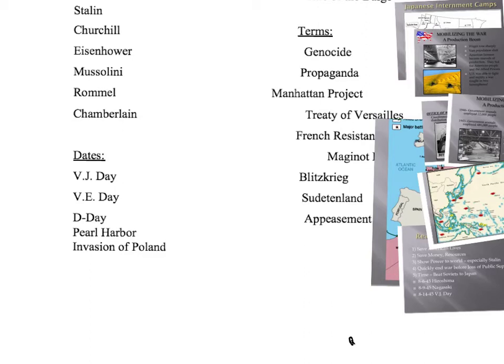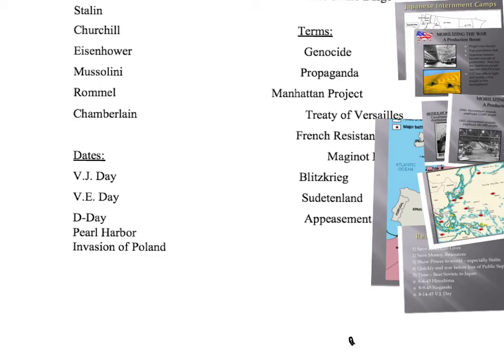D-Day, June 6, 6/6/44, 1944. Pearl Harbor is December 7, 41, 12/7/41. And Hitler's invasion of Poland, which starts this whole thing, September 1, 1939.